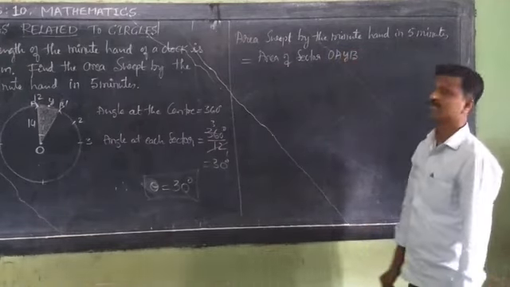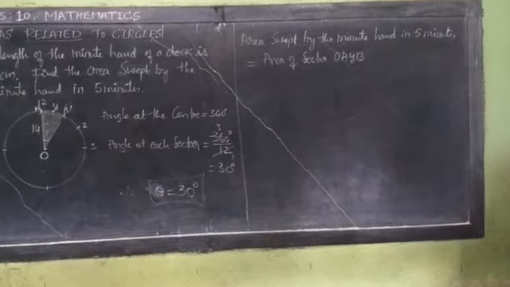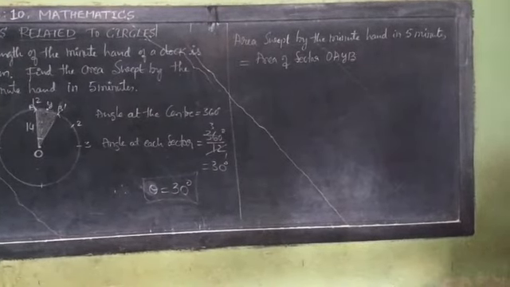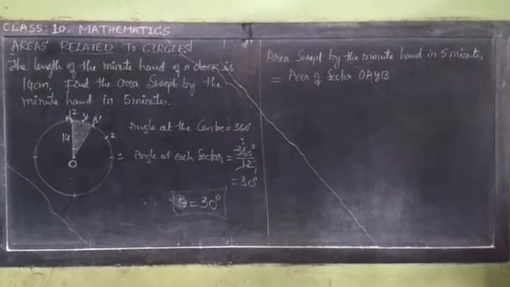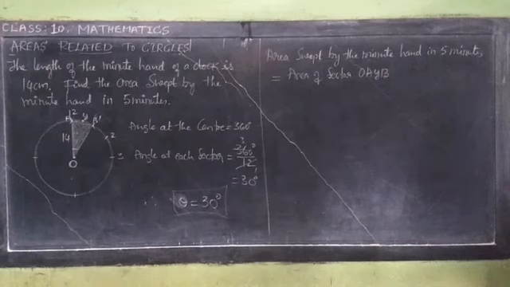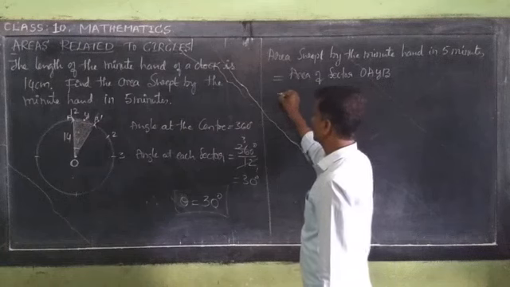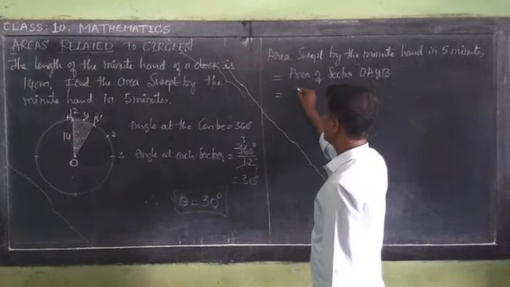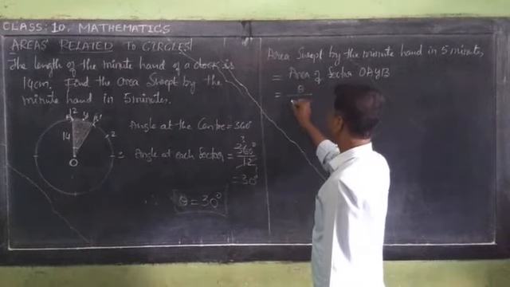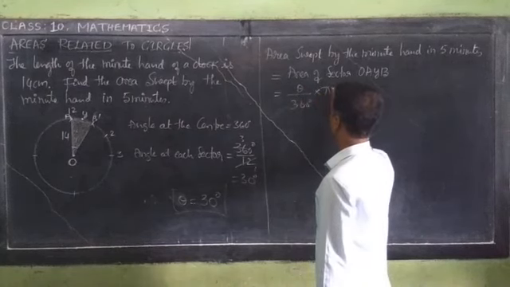What is the formula to find the area of the sector? The formula is theta by 360 into pi r square.